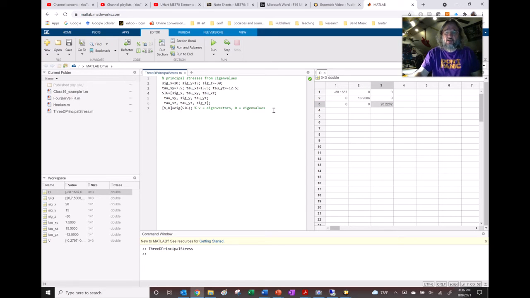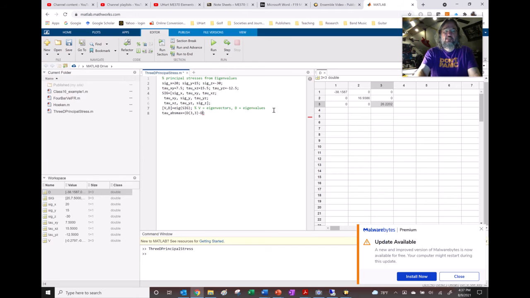So maybe we want to write that as code. We write tau abs max is equal to, and let me see, in here we want to have D(3,3) minus D(1,1), divided by 2, semicolon.